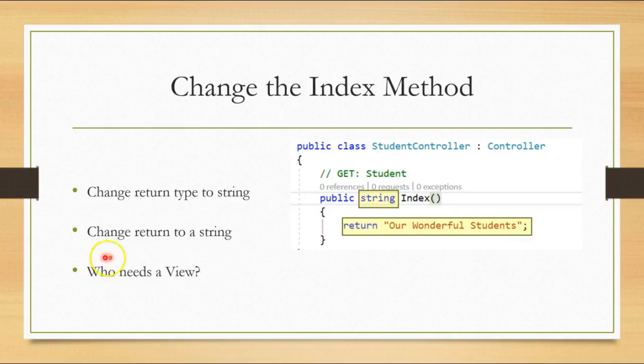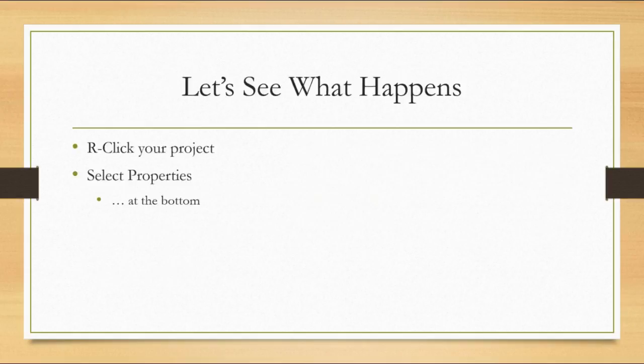So in this case here, we don't even need a view. This will return a string, and there's the string there. Okay, so we change that to string, change return view to return our wonderful students. Now let's see what happens.